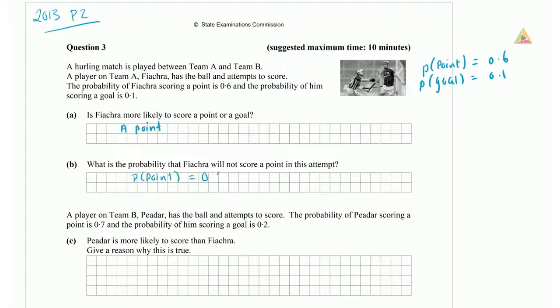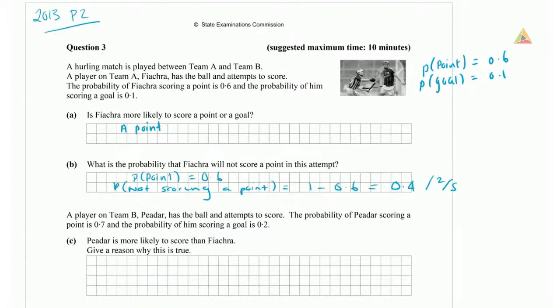We've been told that. So the probability of him not scoring a point is actually going to be 1 minus 0.6. And 1 minus 0.6 gives us 0.4. And if you put that into the calculator, you might get 2/5 either. So either of those answers will be accepted there.